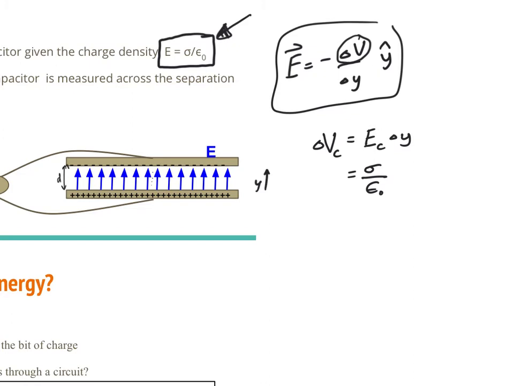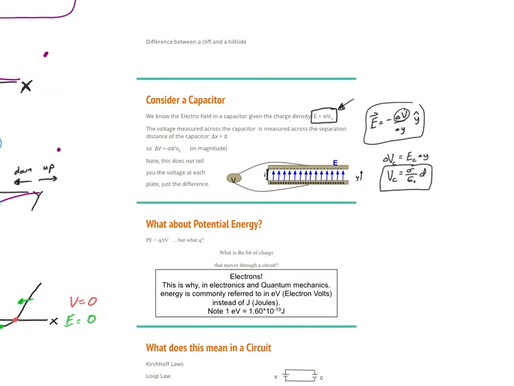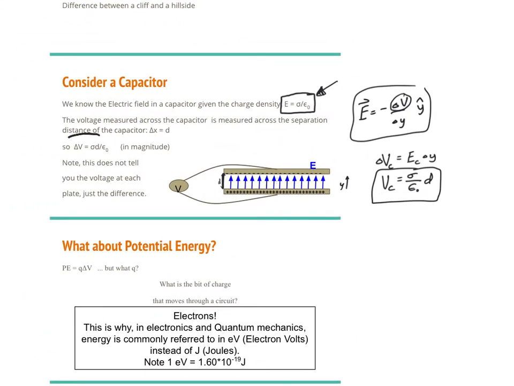And the delta Y from one side to the other is D. So that is the voltage across a capacitor. And that is where this came from. That's how I could calculate what I would expect it to be.